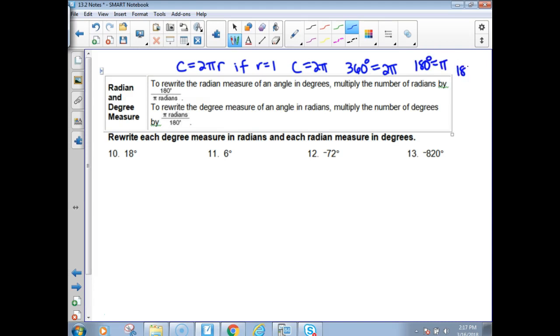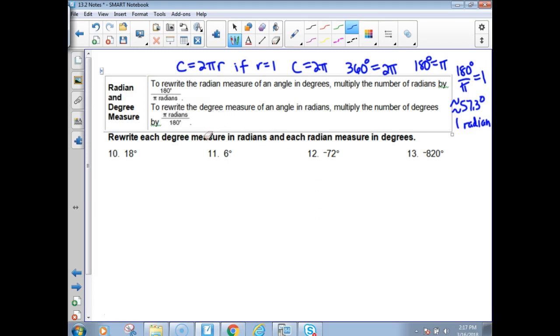And then we divided and said 180 divided by pi would equal 1 radian. And that was how we got about 57.3 degrees for 1 radian. So I wanted to show it to you before you had to write it down and make you think about it as I was doing it.